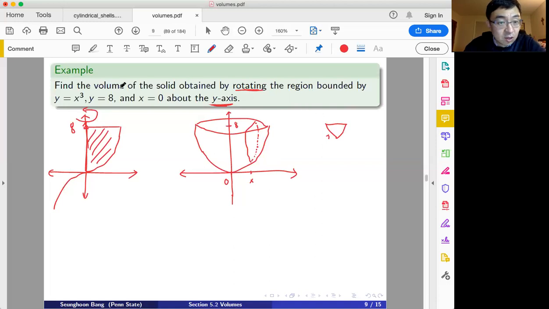So what's the best way in this case? The cross section is not this one, so don't use it. Don't choose x in this case.